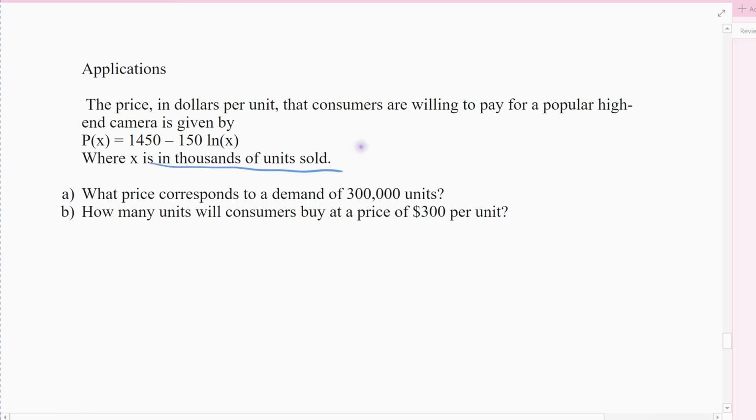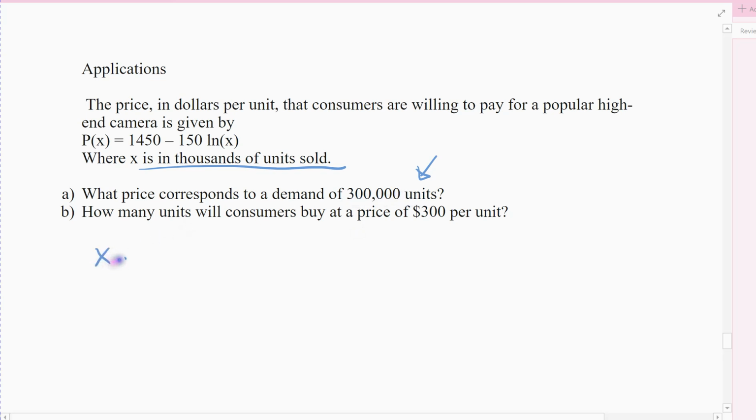So you've got to always pay attention to units. X is in thousands of units sold. The book has a problem similar to this one; I took one from the book and changed it a little bit. With the MyLab problems, you've got to be wary of the units.